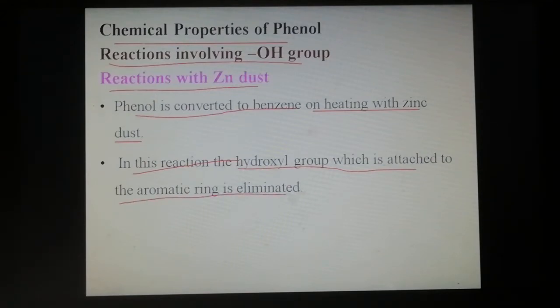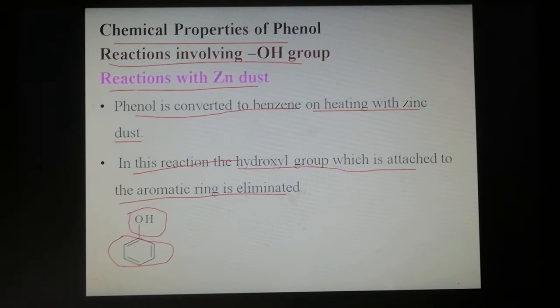In this reaction, the hydroxyl group is attached to a benzene ring. This ring is the benzene ring, and the OH group is attached to the aromatic benzene ring.